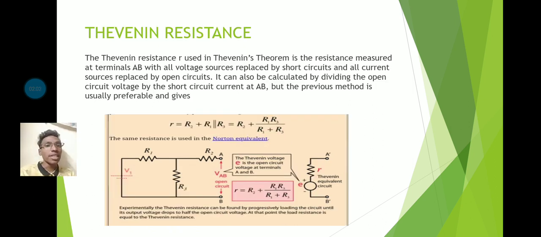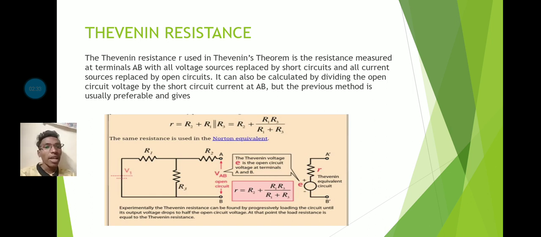Here we see Thevenin's resistance. The Thevenin's resistance R used in Thevenin's theorem is the resistance measured at terminals A, B with all voltage sources replaced by short circuits and all current sources replaced by open circuits. It can also be calculated by dividing the open circuit voltage by the short circuit current at AB, but the previous method is usually preferred.